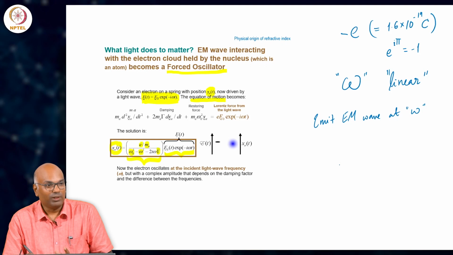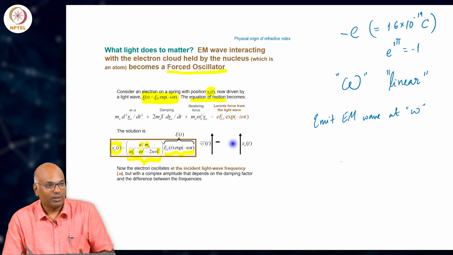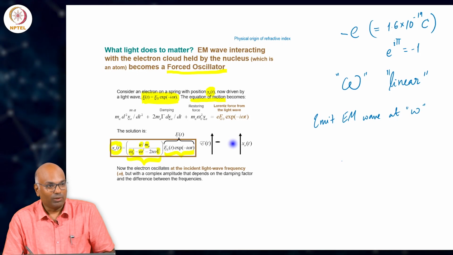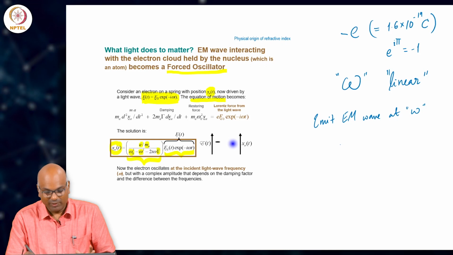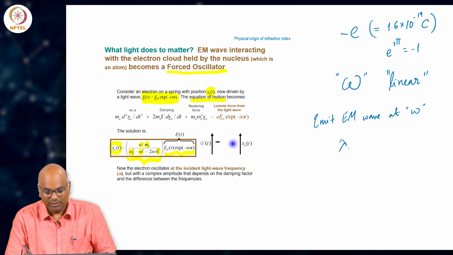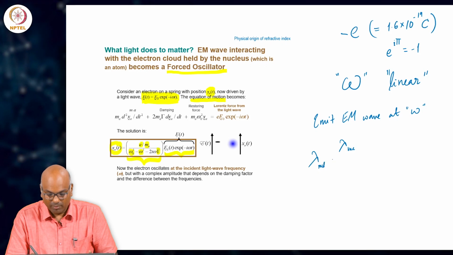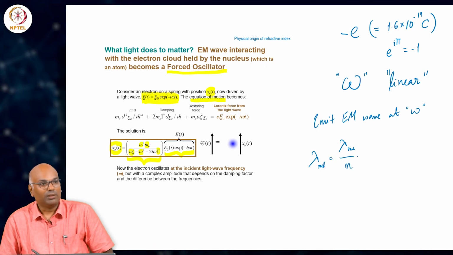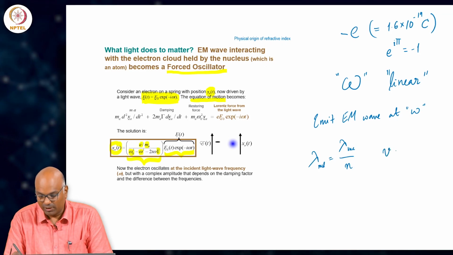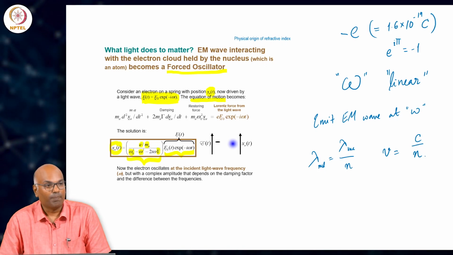So, it is for this reason that when you first learned the subject, your instructor told you that when light propagates through a medium, the frequency does not change, whereas wavelength in the medium is wavelength in vacuum divided by the refractive index, and the velocity in the medium is the speed of light in vacuum divided by the same number.